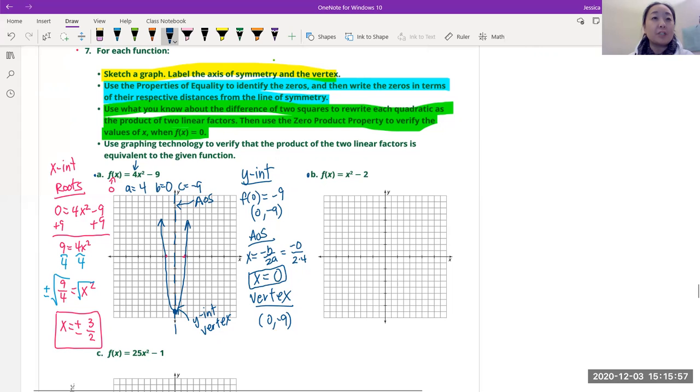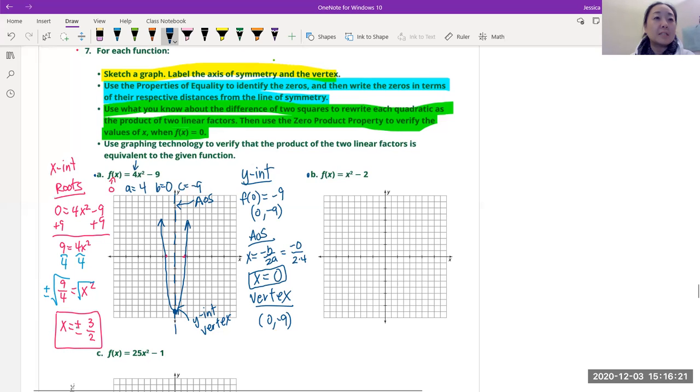So we're going to just set this function equal to 0, right? And now we're going to solve like we normally have been doing for this whole lesson. So we're adding 9 to both sides. And then to get rid of this 4, you have to divide by 4. And then to get rid of the square here, you have to square root both sides. And once you do that, don't forget to add in the plus or minus.